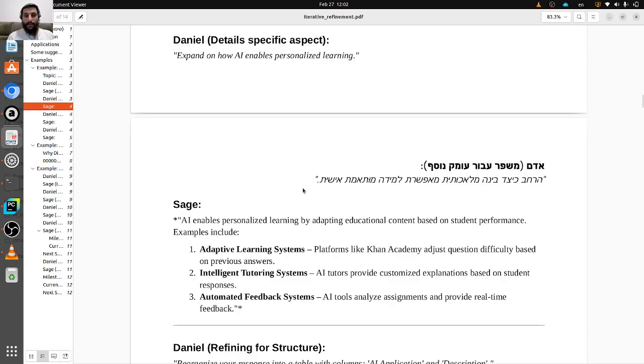And taking a look at Sage's response, we see that this is exactly what Sage did by listing 3 types of learning systems that enable personalized learning.